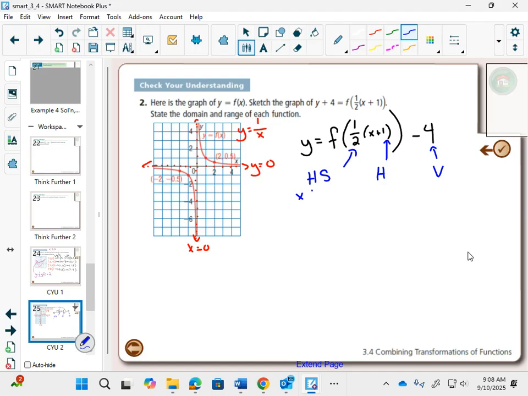And underneath, I'm going to tell myself, I need to multiply my x values by 2. The plus 1 is a horizontal translation. Again, those x's are liars. That's going to go 1 to the left. And it is in factored form, so this is good. And then the minus 4 is a vertical translation. That's going to go 4 down.